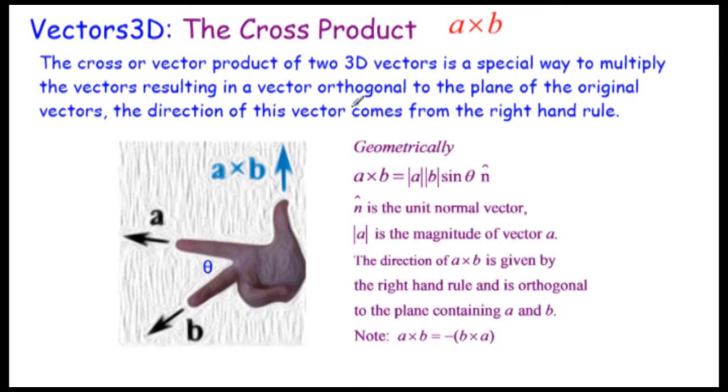What you need to do is point your index finger in the direction of A, and your second finger in the direction of B. Some people say you just curl your fingers around this way, and your thumb is actually going to point in the direction of A cross B, so it's a vector. And its direction is given by the right hand rule.